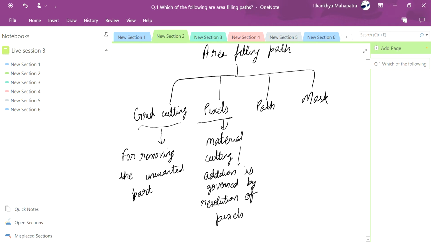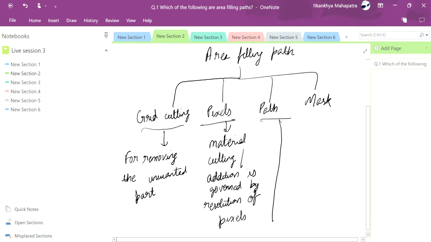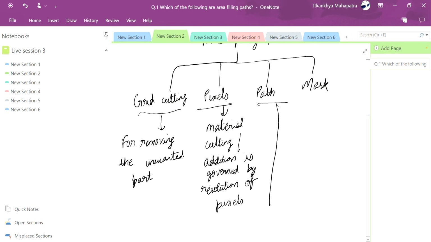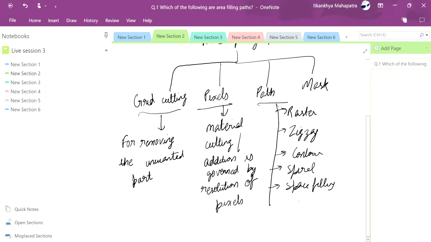Path, again we'll be discussing elaborately. This consists of various paths: raster, zigzag, contour, spiral, space filling, and hybrid. Also there is continuous.